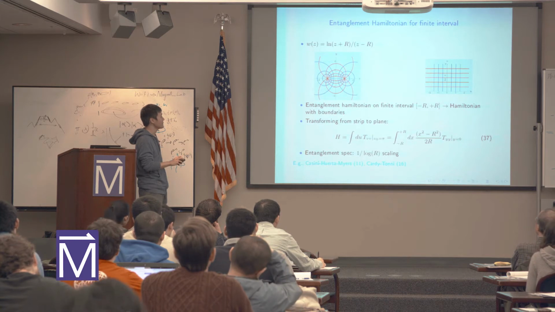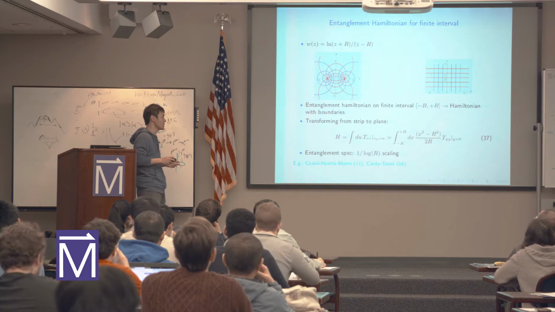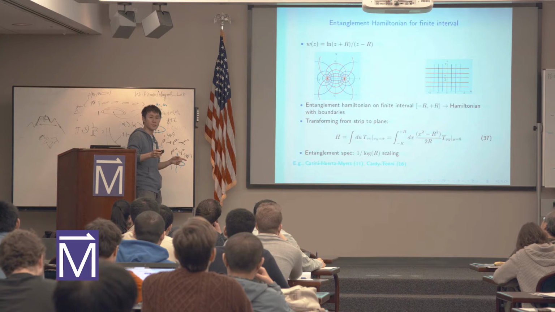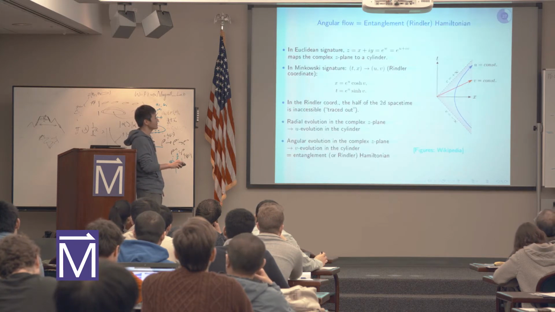So far, I have been talking about entanglement entropy or the entanglement Hamiltonian for the half space, which is semi-infinite, from here to positive infinity.